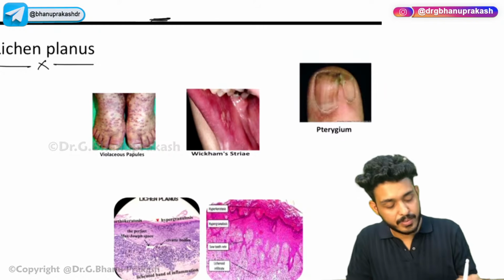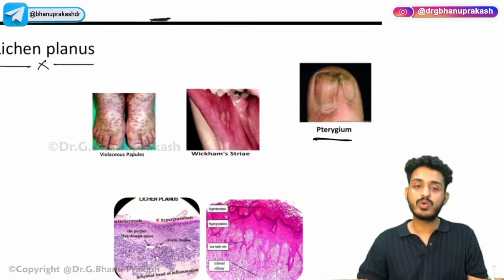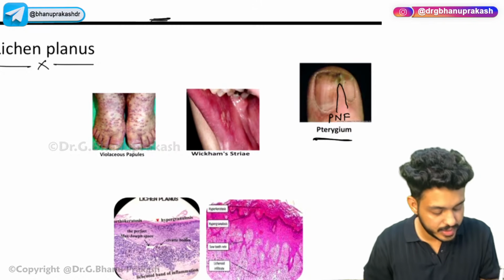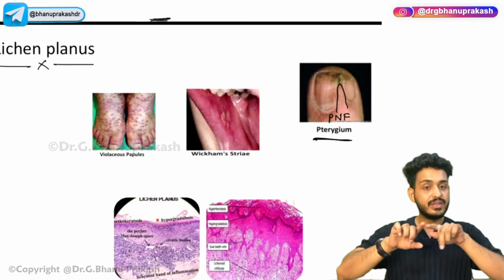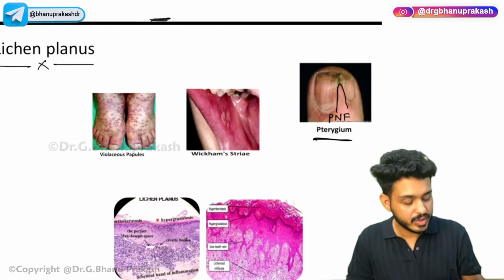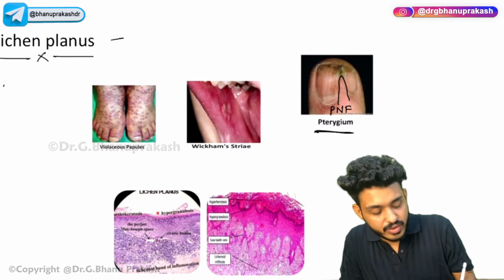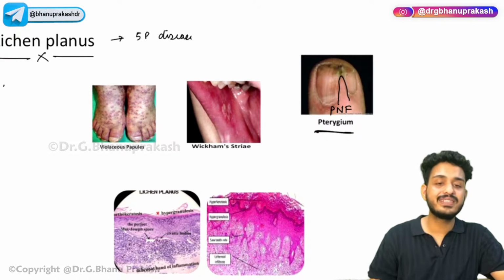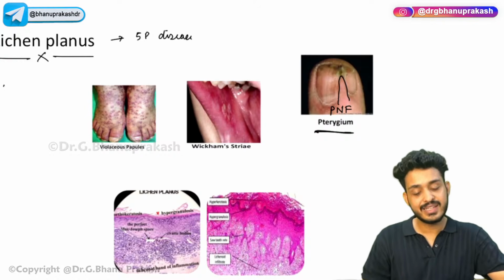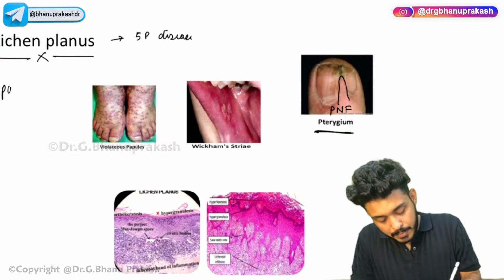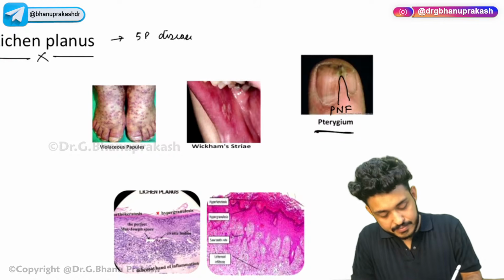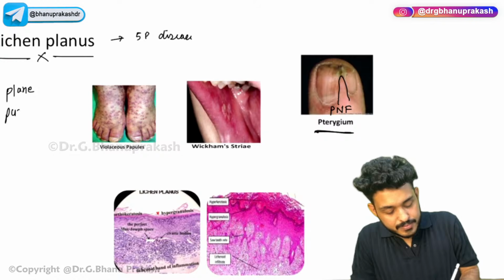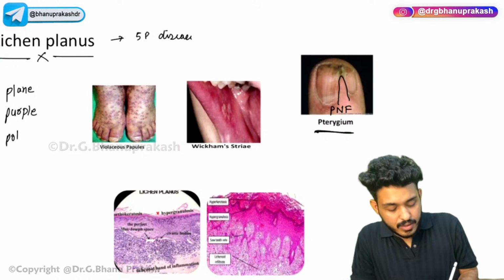Lichen planus, we have to remember, first thing we already know about lichen planus, that is pterygium. Basically this proximal nail fold, remember guys, is dividing the nails into two parts. What else will you be finding? It is also known as 5P disease. Why do we call it 5P disease? The reason being, you will be having plain, purple, polygonal.